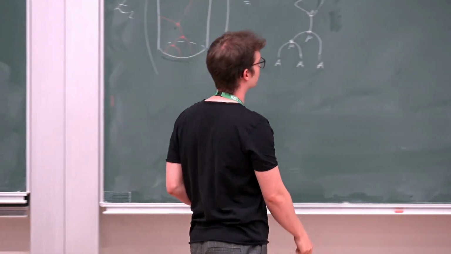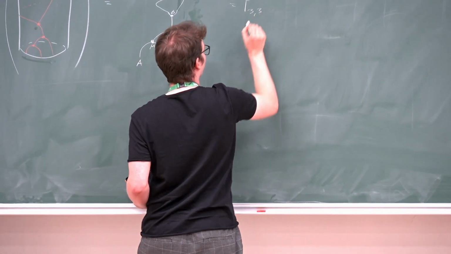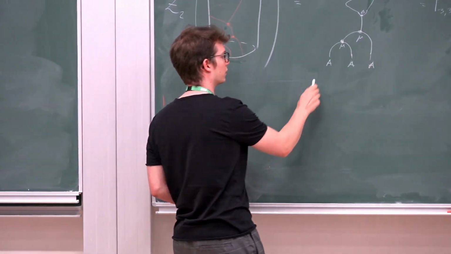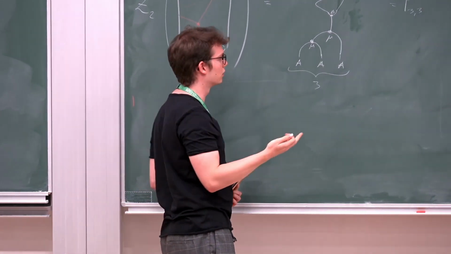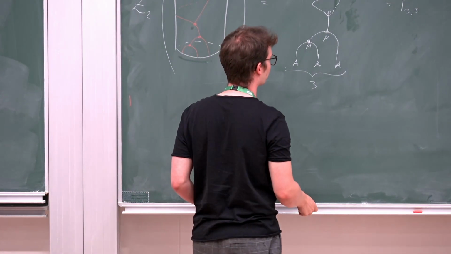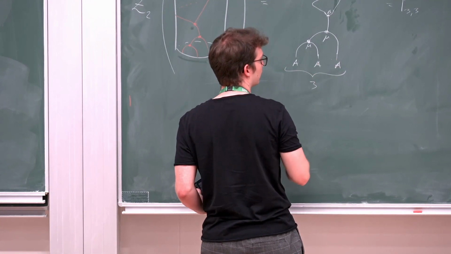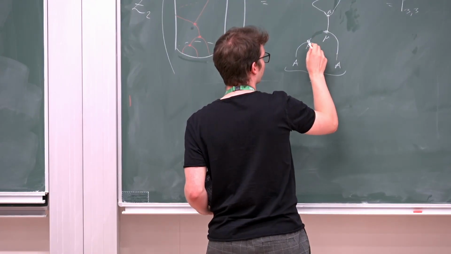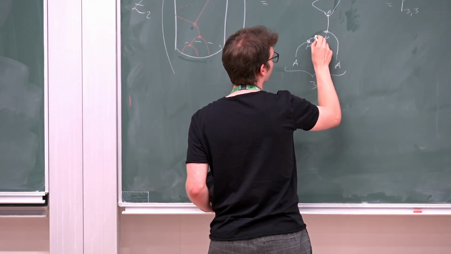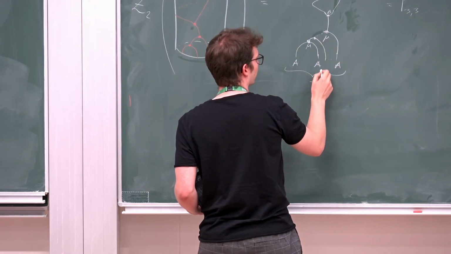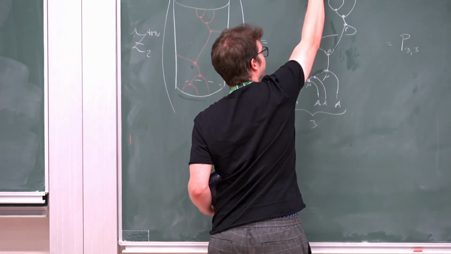So we also called this P33 because we go from 3 A's to 3 A's. Now we can imagine, okay, maybe we have more A's here, and this is also plucked up.